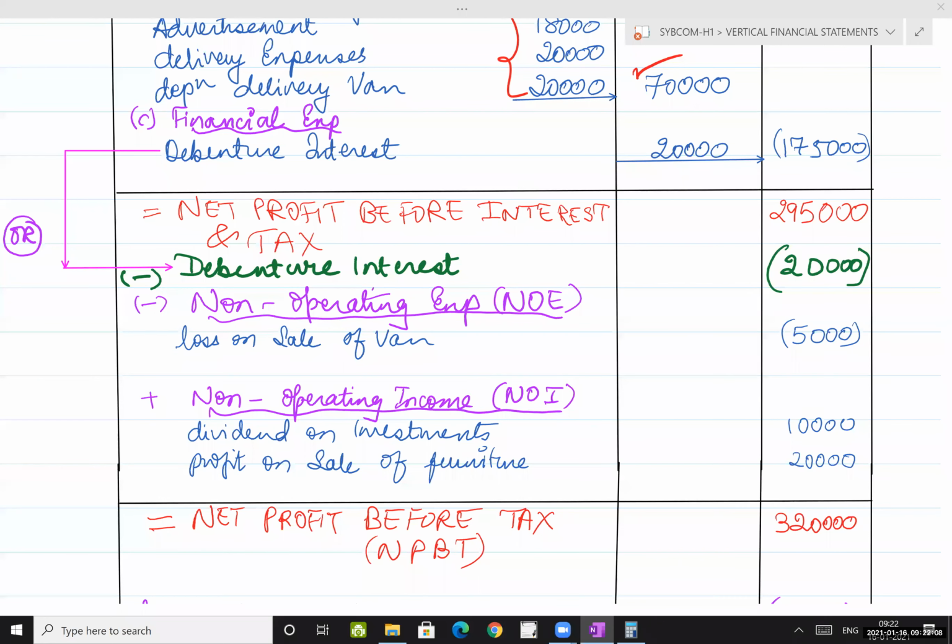Non-operating expense, I may have loss on sale of land, 5,000, and non-operating income, that is P&L account credit side जो होता है, dividend on investments, profit on sale of furniture, added. And this answer, net profit before interest and tax. इसमें debenture interest I have already taken.